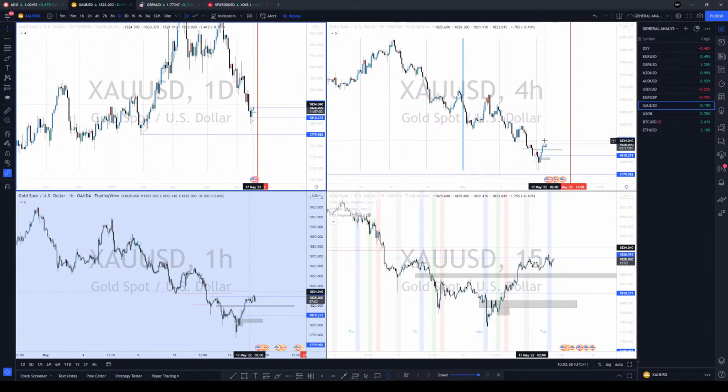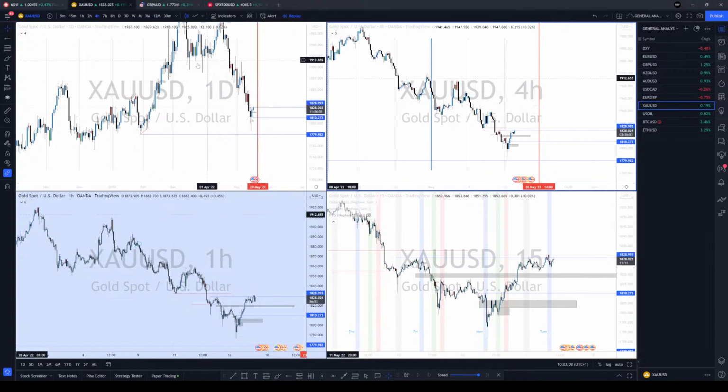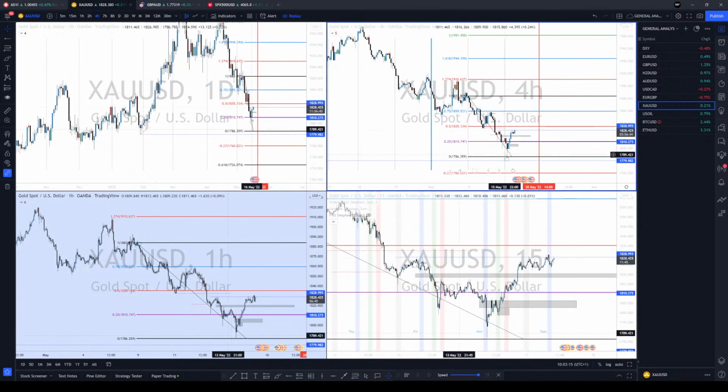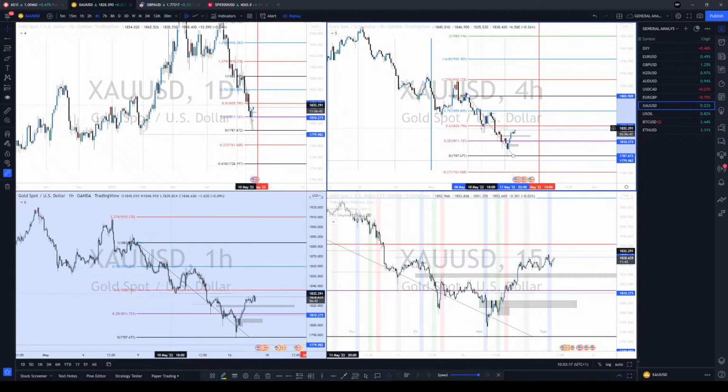It's trying to put in the high of the week, which from this high to this low, it can trade up to 618. But I like 50%. 50% should be enough because of this here.